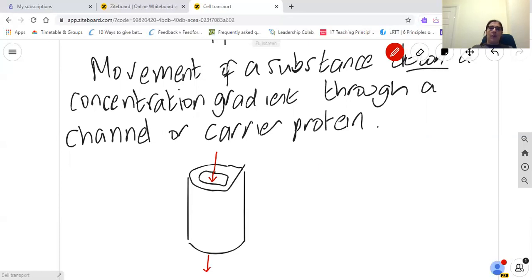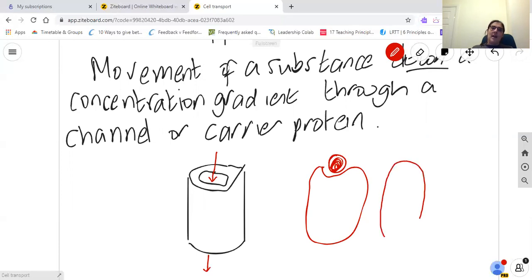An alternate protein is a carrier protein where the substance binds to one side and then the whole carrier protein changes shape, but it gets dropped off on the other side. It's a passive process because the substance is going down its concentration gradient, but it's worth knowing that either can be used.